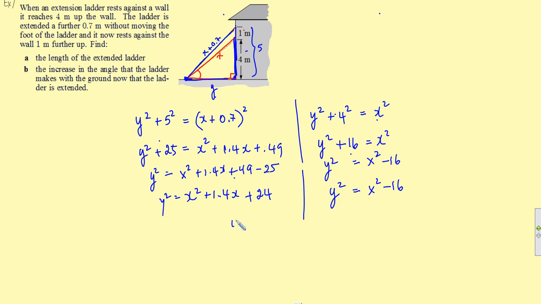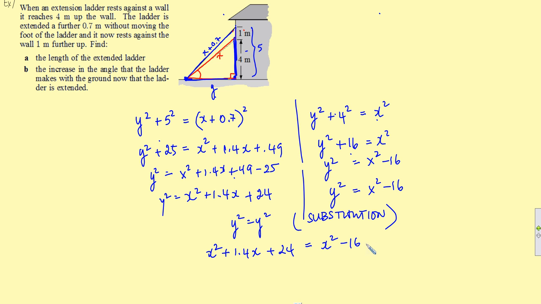Now, I can let y squared equal y squared. I'm just using substitution here, replacing y squared in one equation with the other, so that I get x squared plus 1.4x plus 24 is equal to x squared minus 16.